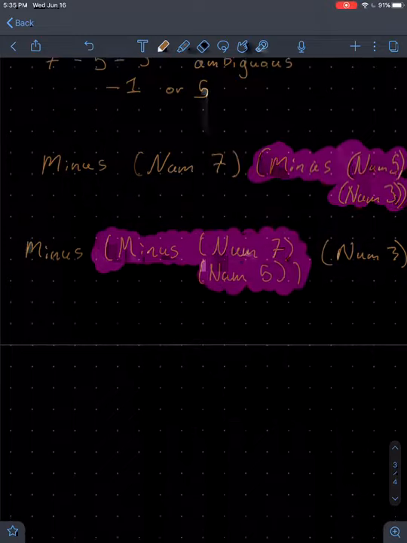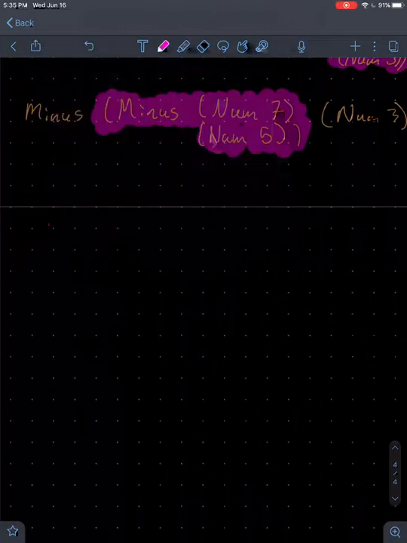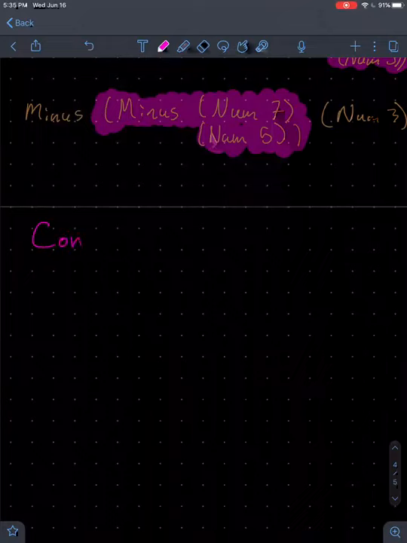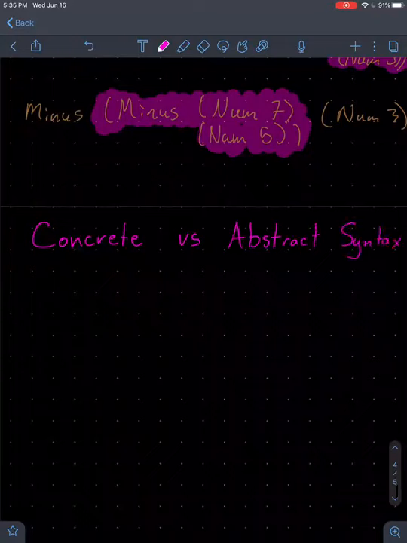We have a word for this. This is an important term to get used to: concrete versus abstract syntax. I'll often ask you what's the difference between the abstract and concrete syntax.